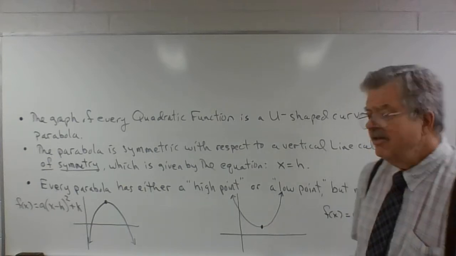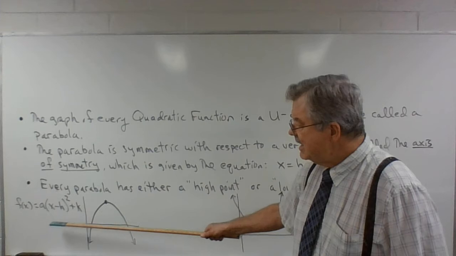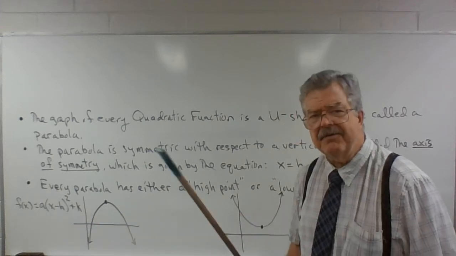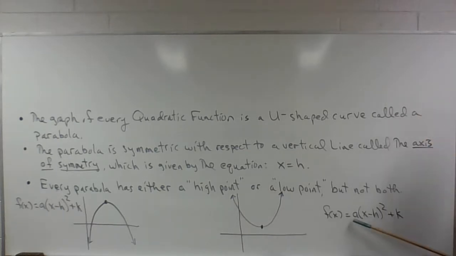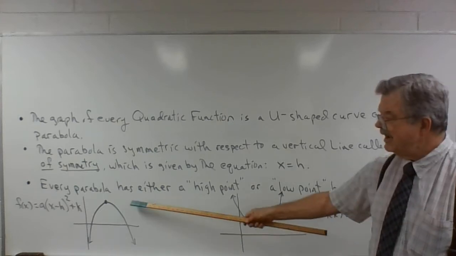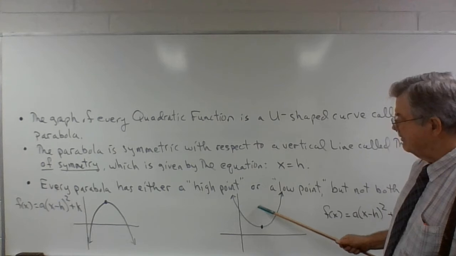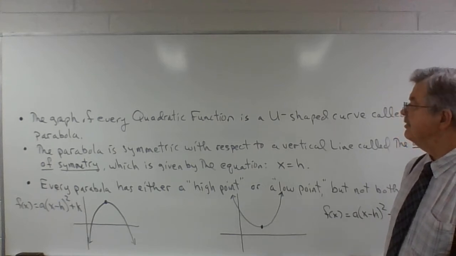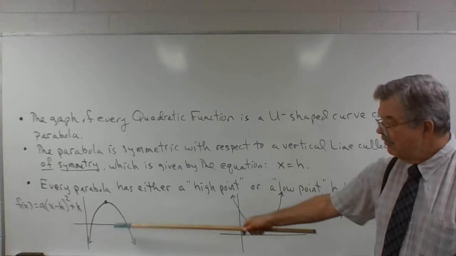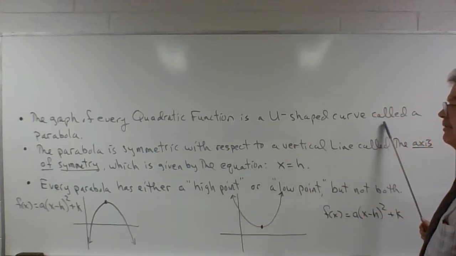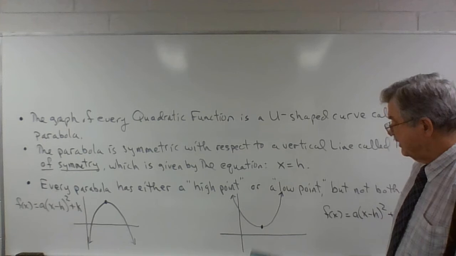Apparently, the values of a and h and k in this graph are different than the values of a and h and k in this graph, which is why this graph looks like an upside down version of this graph.